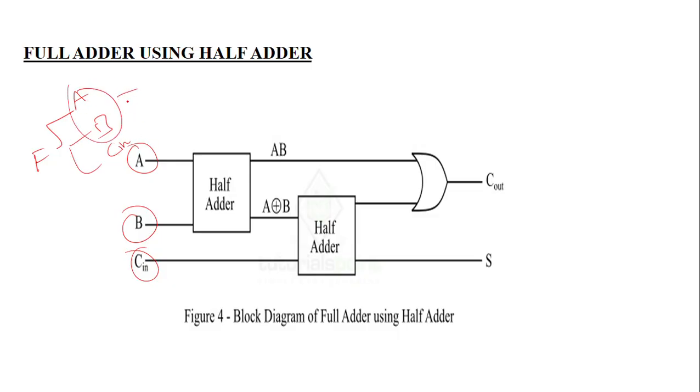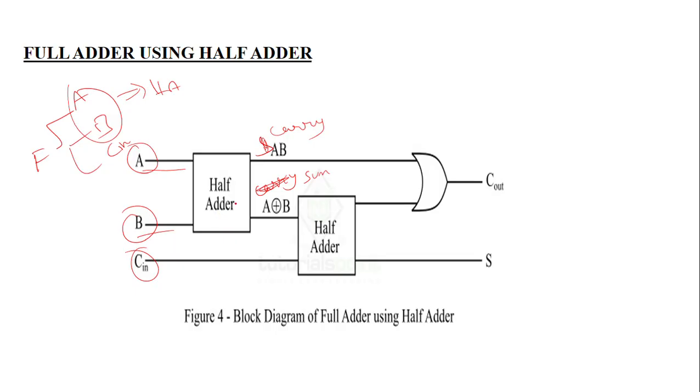The first two inputs are given to a half adder. Here you can observe A and B are given to the half adder. Then for the half adder the sum and carry are generated. So this is the sum, this is the carry. Then another half adder; the carry output of it is the carry. A into B is our carry and A XOR B is our sum from the XOR gate.